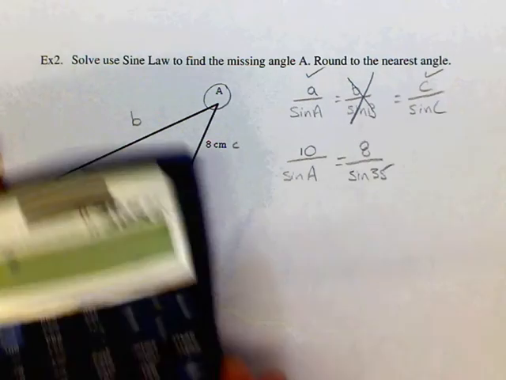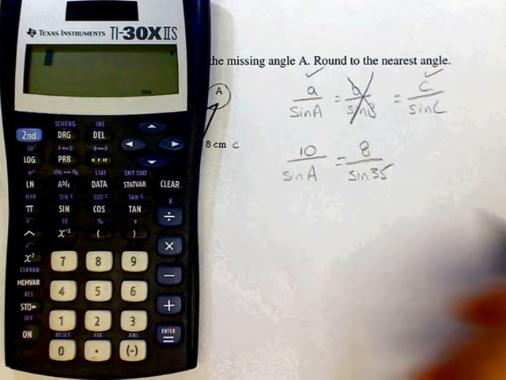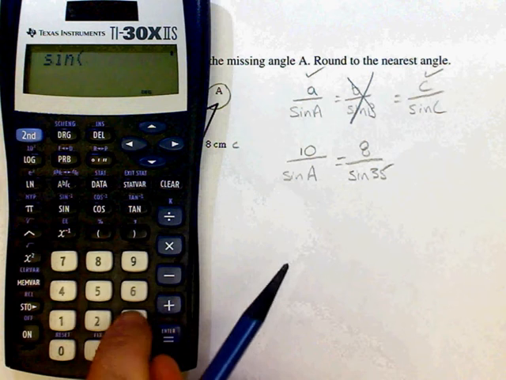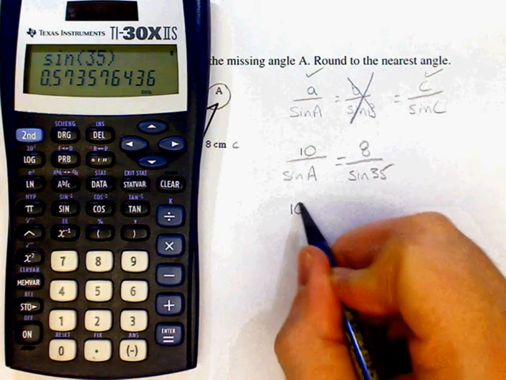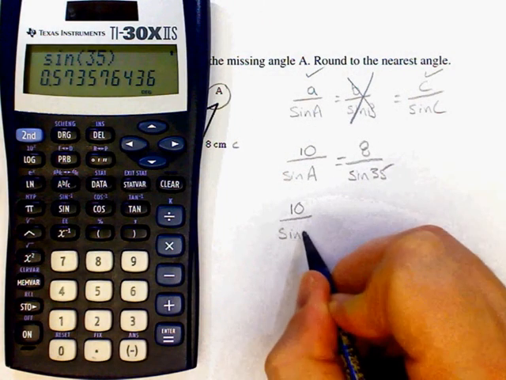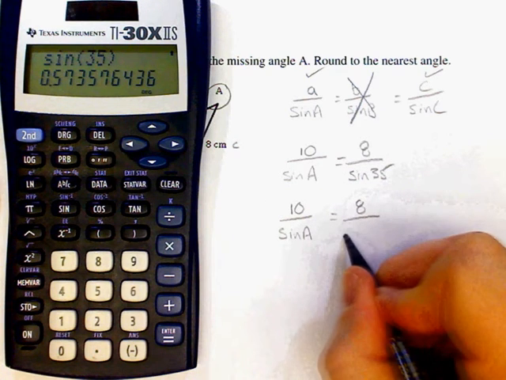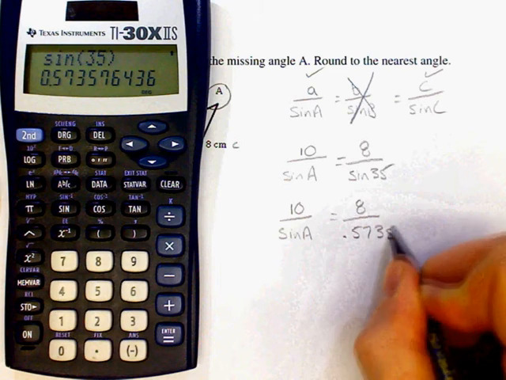Let's pull out our calculator. I'm going to do the sine of 35. So I've got sine 35, 0.5735. So 10 over the sine of A equals 8 over 0.5735.